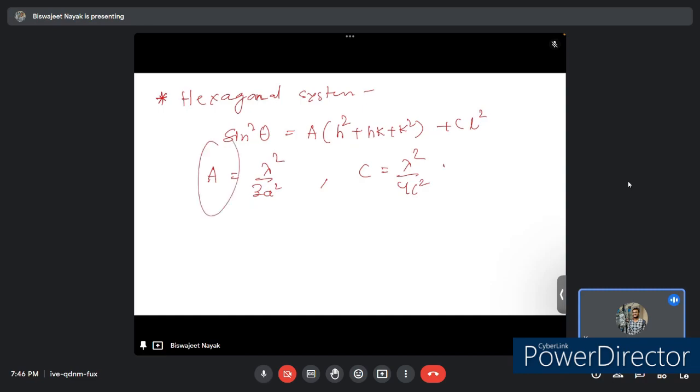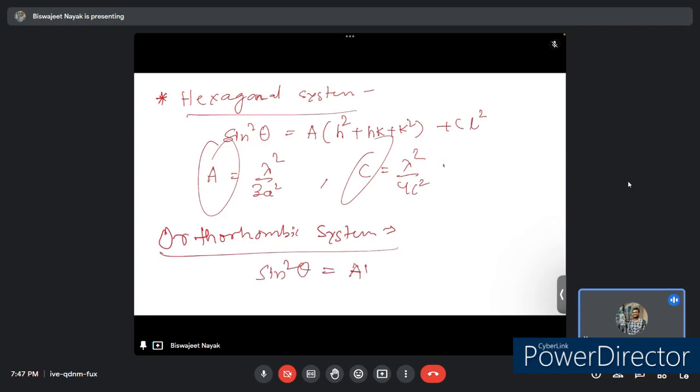If we replace, C l square equals sin square theta minus A(h square plus k square), and here we can say it should be in a ratio of 1, 4, 9, 16 and so on. This is for the tetragonal system.